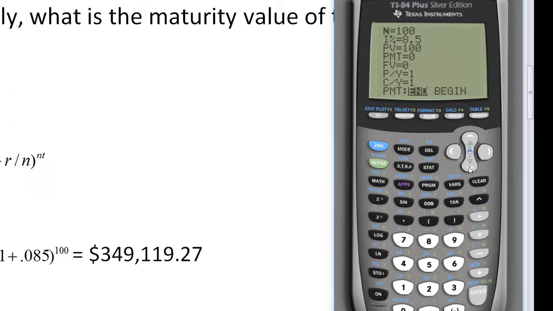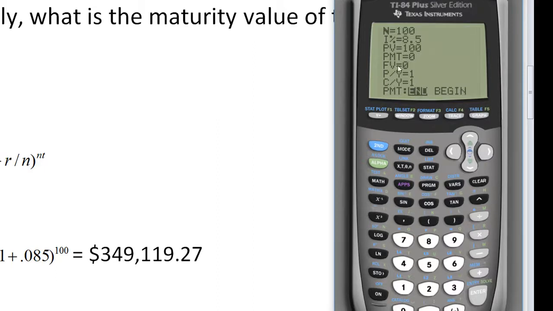Payment we'll leave at 0. And then we want to compute actually the future value. So if I deposit the $100, what do I have after 100 years? So the other two stay, periods per year would be 1. They'll stay 1. And so in this case, I just put it on the FV for future value there.